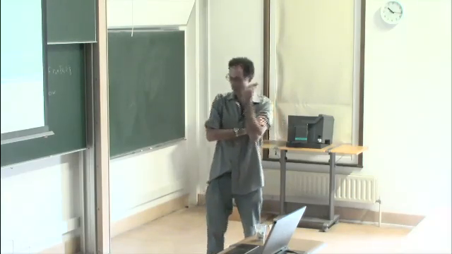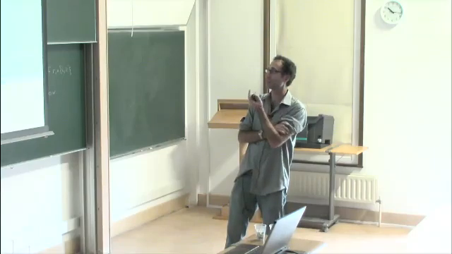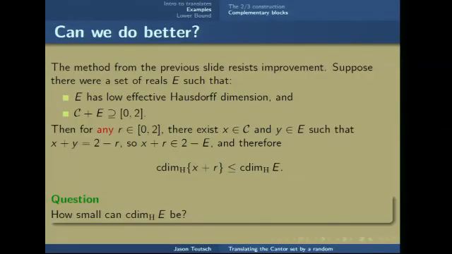Okay, so suppose that you had a set of reals E with low effective Hausdorff dimension, and also that when you add all the points in E to the Cantor set, you get all the numbers between 0 and 2.